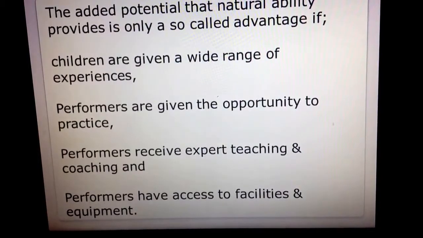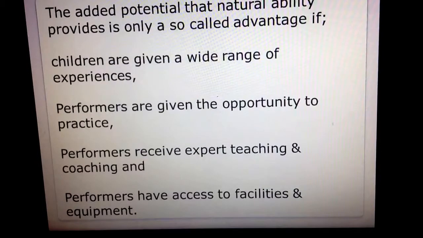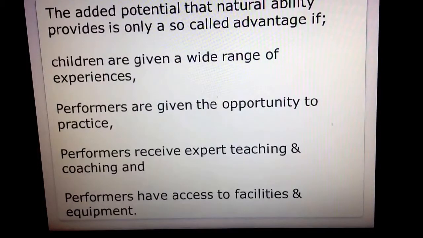So that added potential of the natural ability we might have because of this inheritance is only a so-called advantage if certain things happen. So if as a child we're given a wide range of experiences, that advantage of those natural abilities is obviously used. If we don't get the experience, we don't get that opportunity to learn things earlier on and grasp them more quickly.